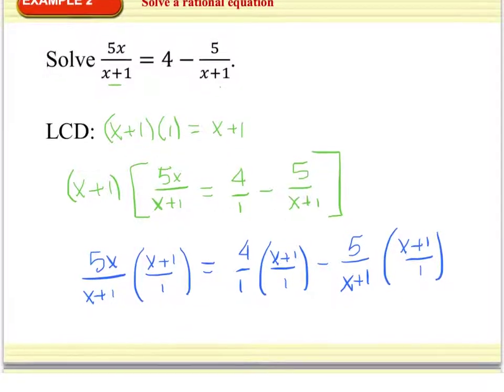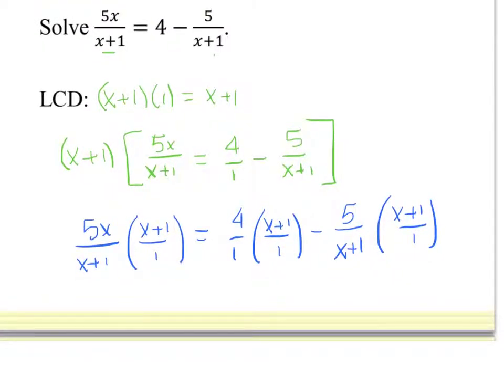Now to simplify, I see that I've got some products of fractions, and I notice that I've got some common denominators. So I see that this x plus 1 is going to cancel out with this x plus 1.